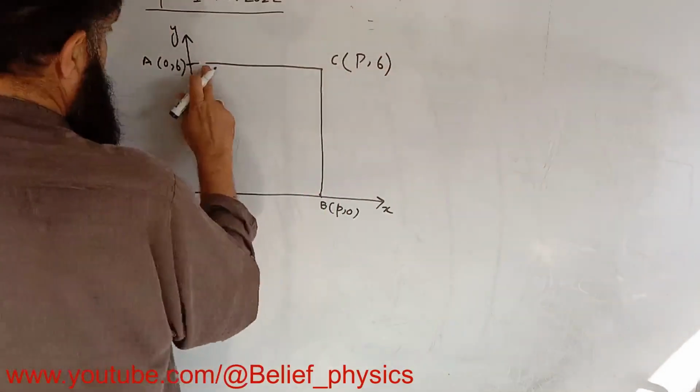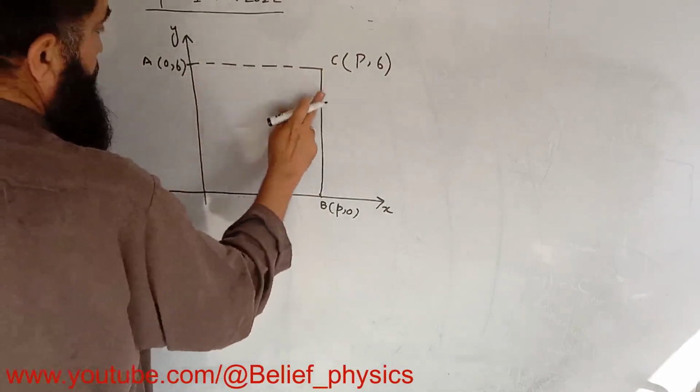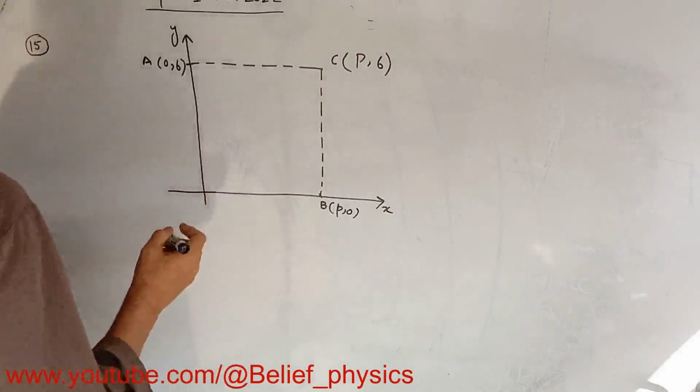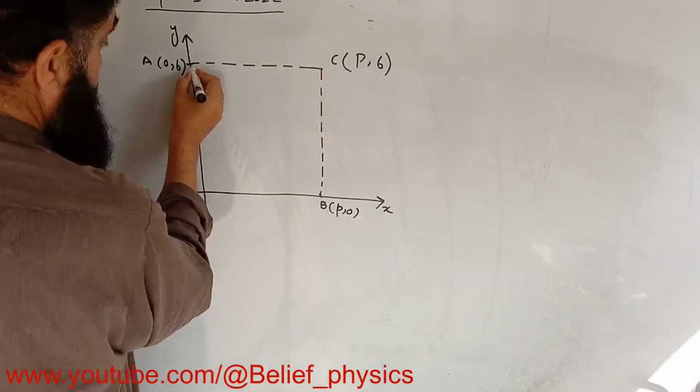This is a dotted line, like that. And a solid line is shown from A to B here.